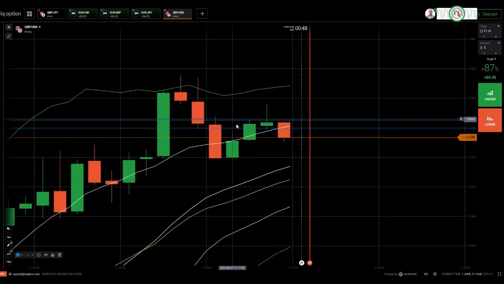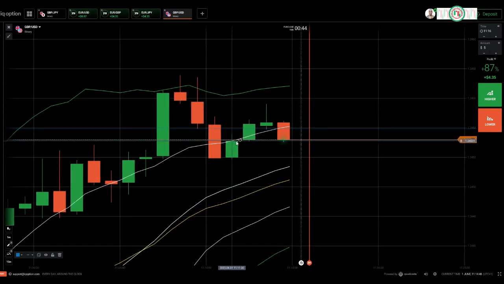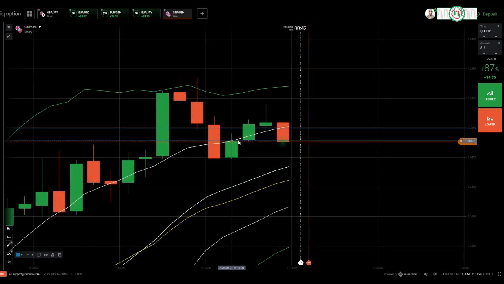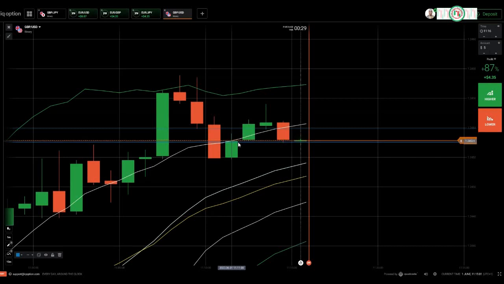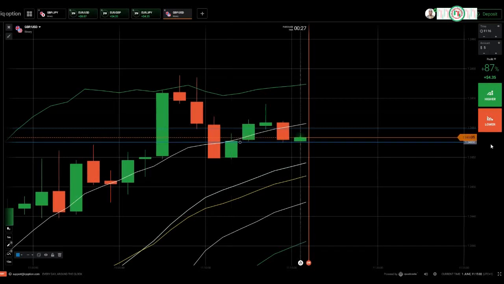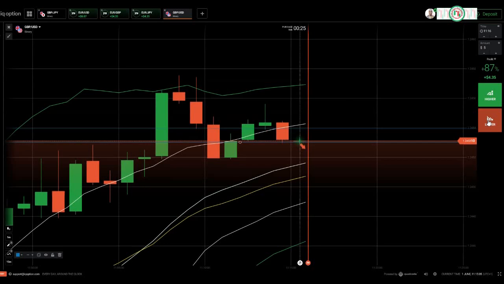See, the market is going down. The market is trying to create a double top here. So the market has not rejected from any level here, which means the next candle is going down, but with a margin of safety.